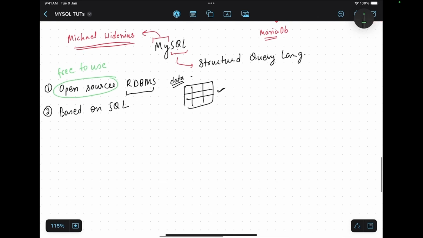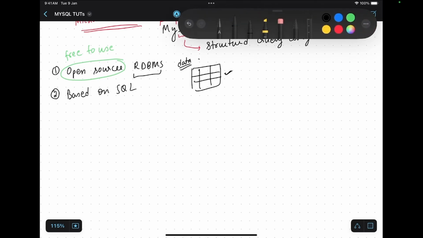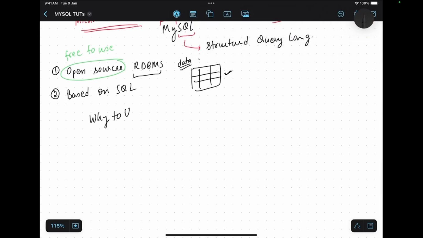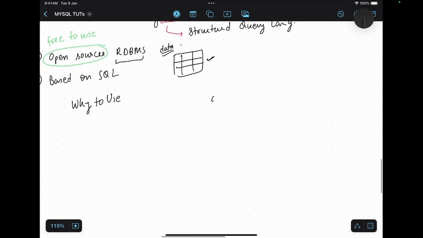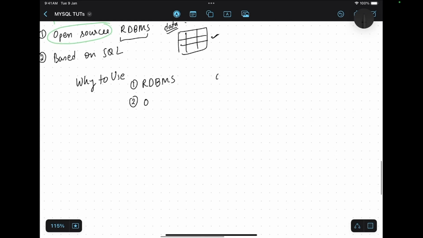Let's see why we should use this. The first one is RDBMS. If your data is quite structured and can be stored in tables, structured meaning that you have a definite schema of data every time, then you should use it. It's open source, so it's completely free, which is again an advantage. Then it's scalable. Scalable means something which can be scaled.